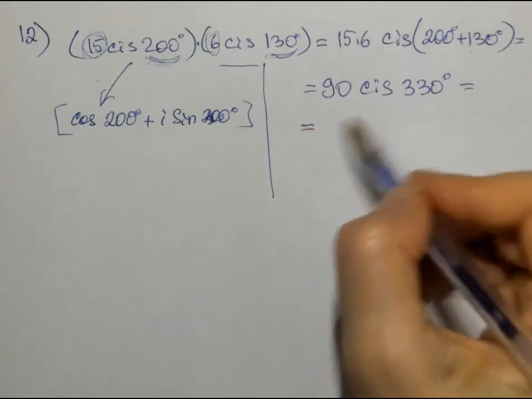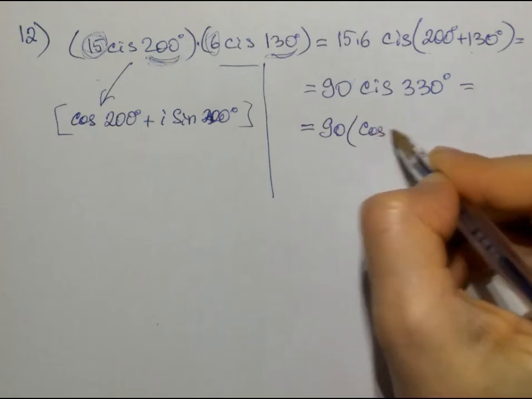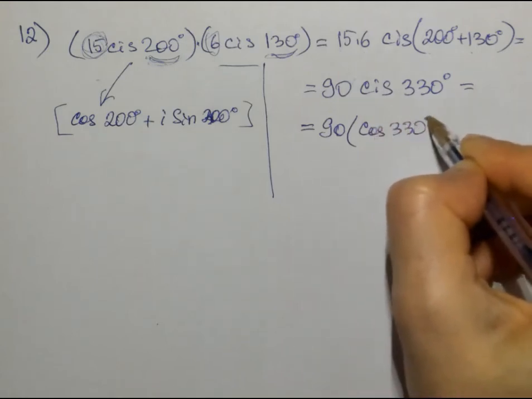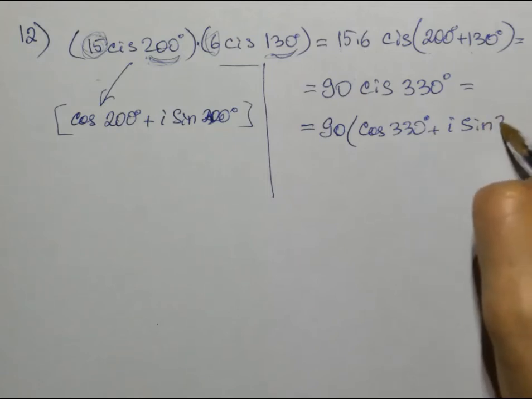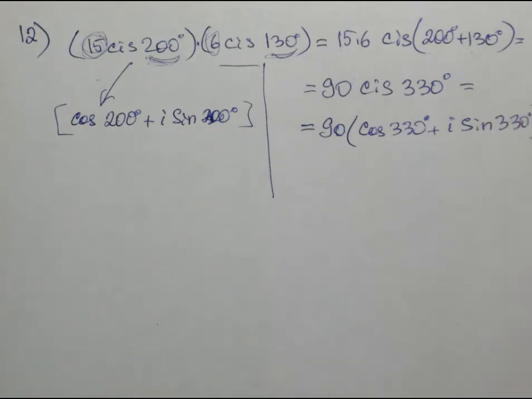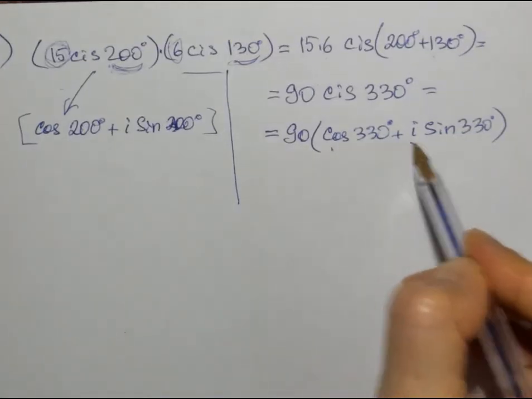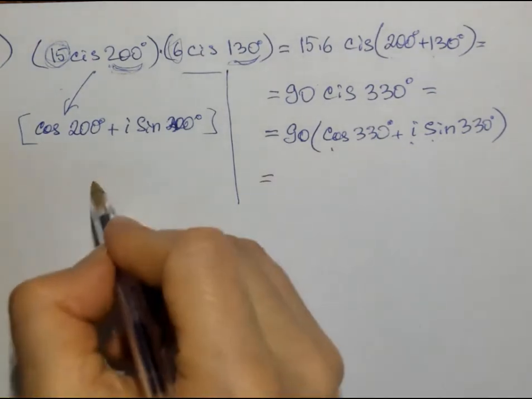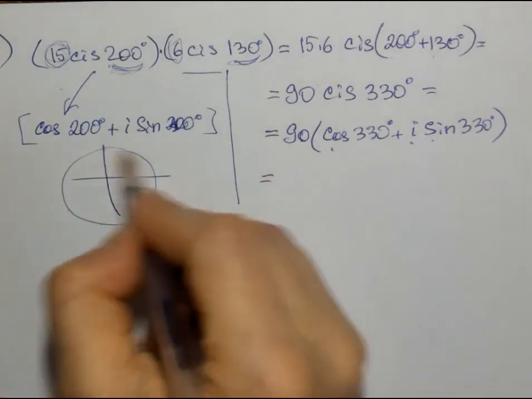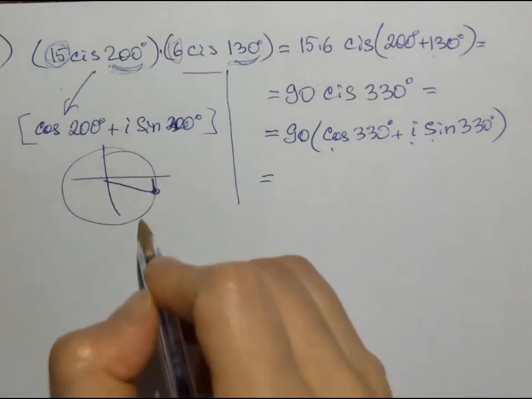And we want to give this number in algebraic form. So we write this in the long form: 90 times cosine 330 plus i sine 330. That's why cis is the short form. Now 330 is here on the unit circle.